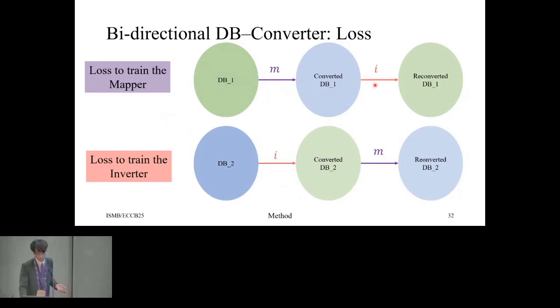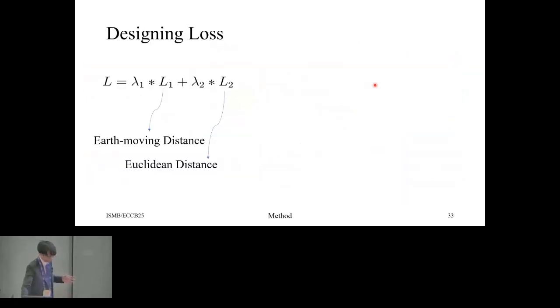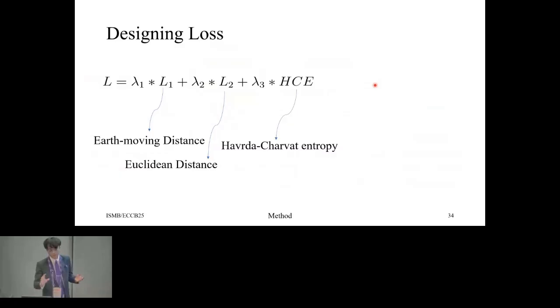How do we design the loss function? We ask the question: what are the things that we want to be conserved? When it's mapped to another space and back to one's original space, we want the actual locations in n dimensions to be the same. So we used earth mover's distance and Euclidean distance. Then we thought the entropy of the database should also remain the same.